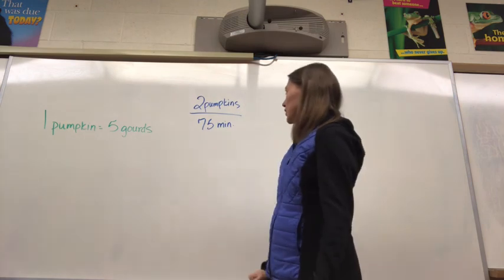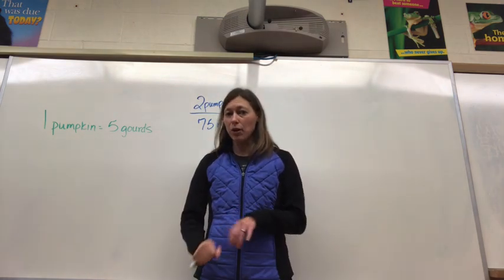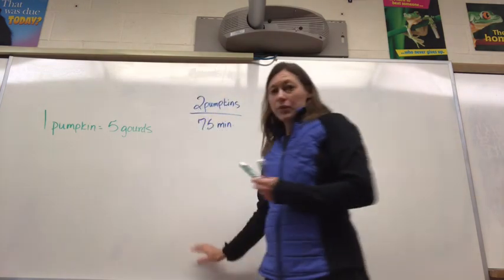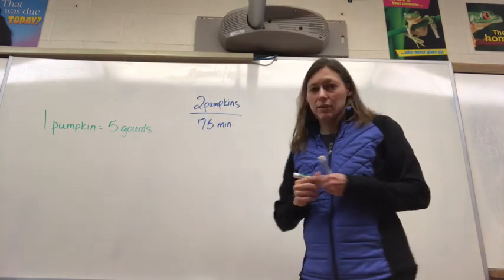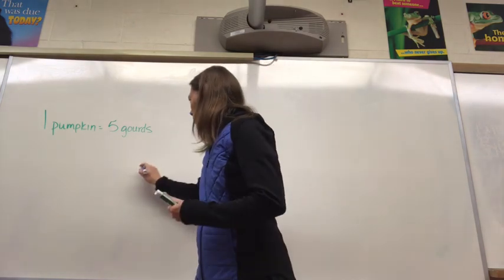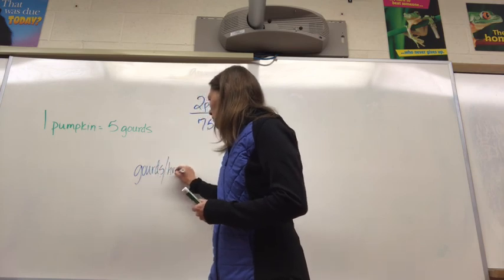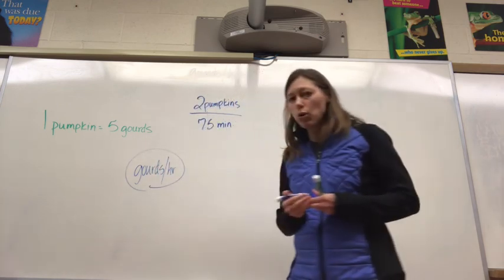So my question is, how many gourds can I prepare per hour? So we're going to take 2 pumpkins in 75 minutes, and we want to convert this to gourds per hour. Okay, so that's what we want to do. We want to get to gourds per hour.